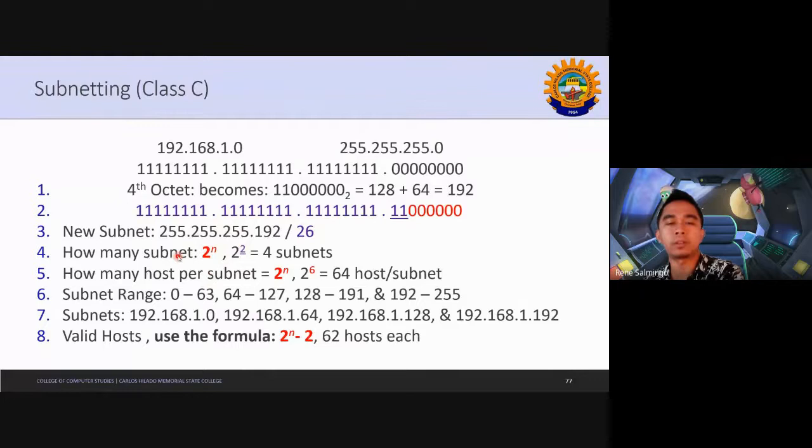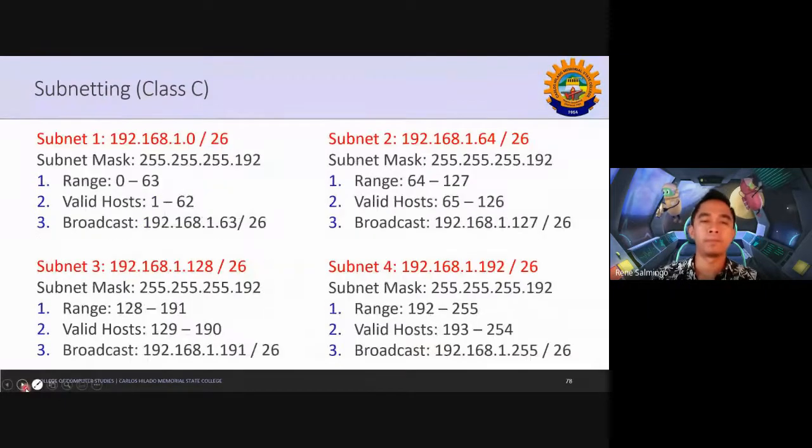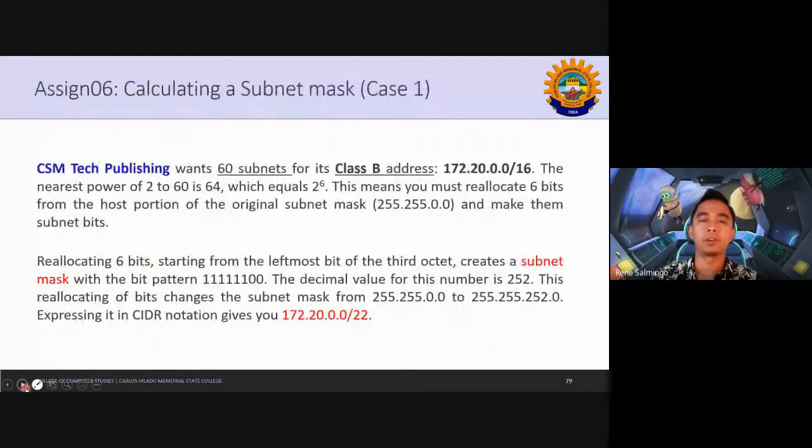Normally, I am going to ask this in your module, and you're going to compute for this. Now, for your assignment 6, you are given to create 60 subnets for a class B address, that is 172.20.0.0/16.